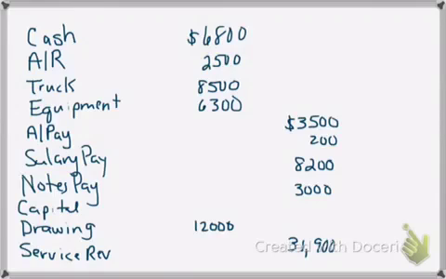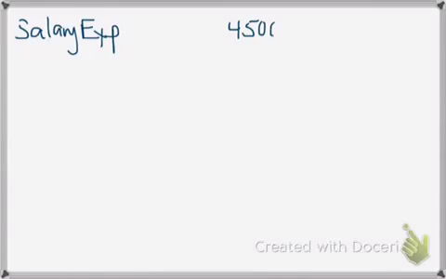I'm going to move over to the next page since I don't have enough room to finish, and I will list out my expenses. So here I have salary expense, and for salary expense that is going to be $4,500. I will have repair expense for $800.